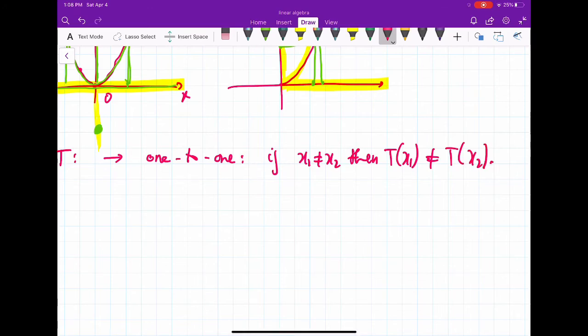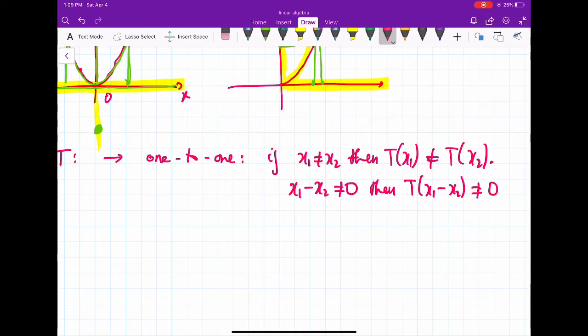Okay, but look at this. What does it mean that x1 is different from x2? That means x1 minus x2 is not 0. Then you have T(x1 minus x2) is not 0.